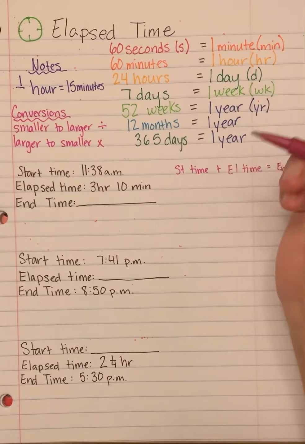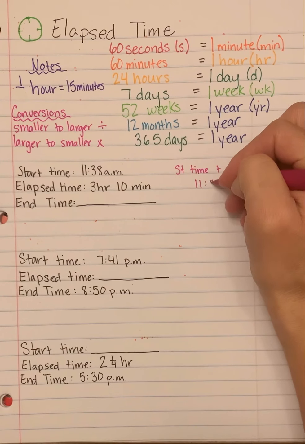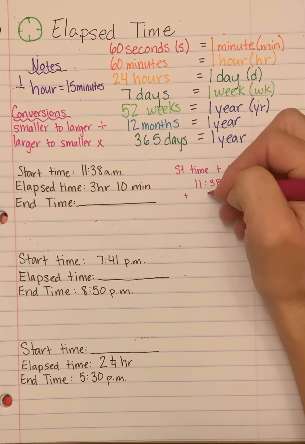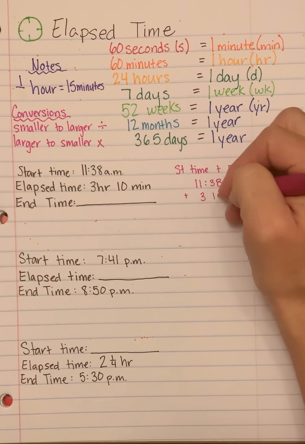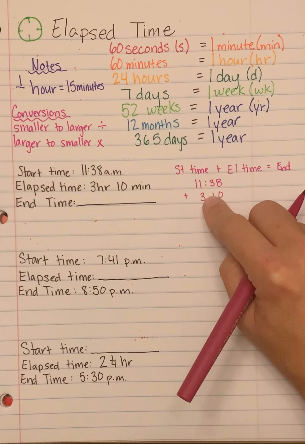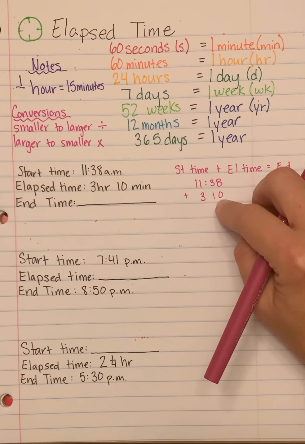All right, so we're going to do 11 38 plus 3 hours and 10 minutes. If you notice, I'm not actually going to be doing the colon because I'm not doing a time, okay?